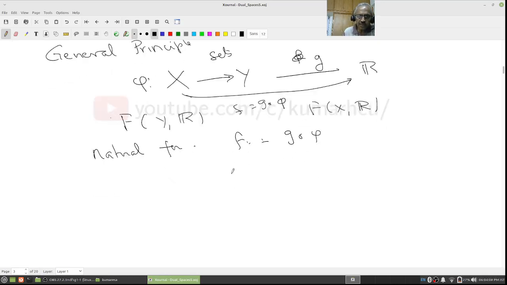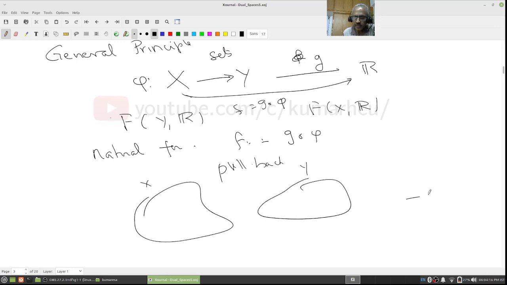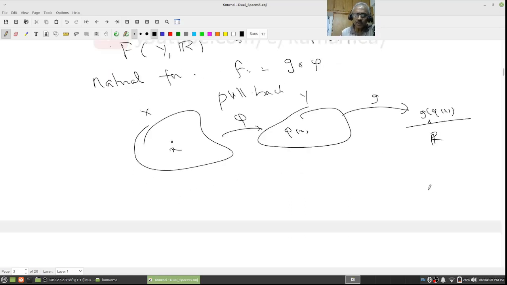This is usually called pullback. So this is X, this is Y, this is R, this is my g, this is my phi. Start with any x, map it to phi of x and map it to g of phi of x. So you are pulling back functions.